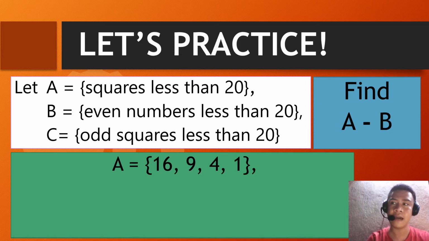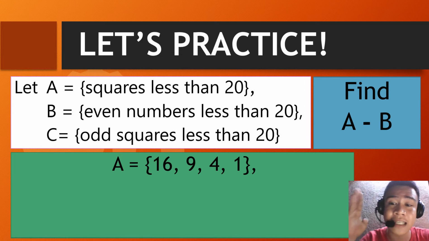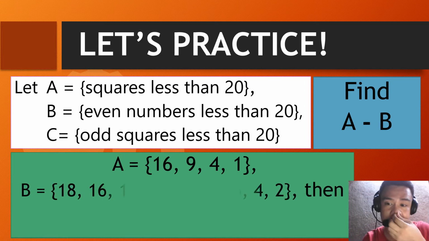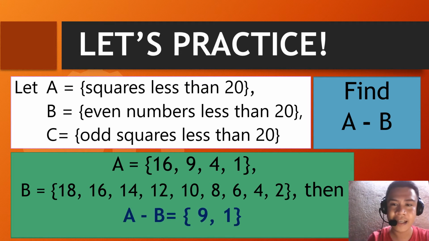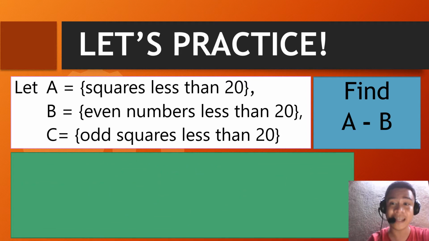find A minus B. So, dito naman, A minus B is kung ano yung makikita sa A na hindi makikita sa set B. That is difference. Let's list muna. Set A is 16, 9, 4, and 1. While B is 18, 16, 14, 12, 10, 8, 6, 4, and 2.